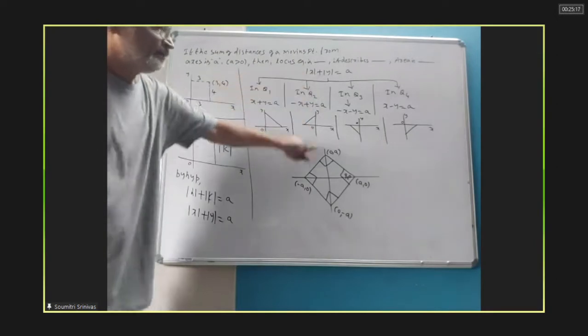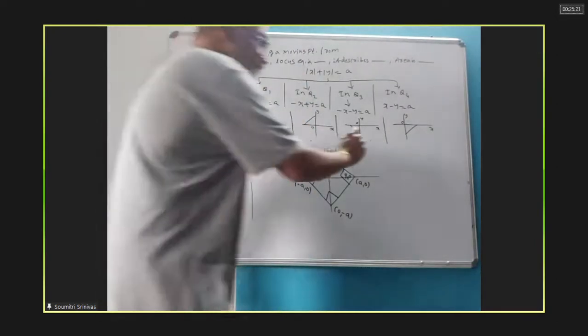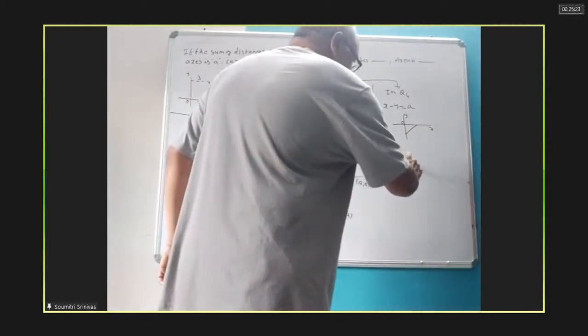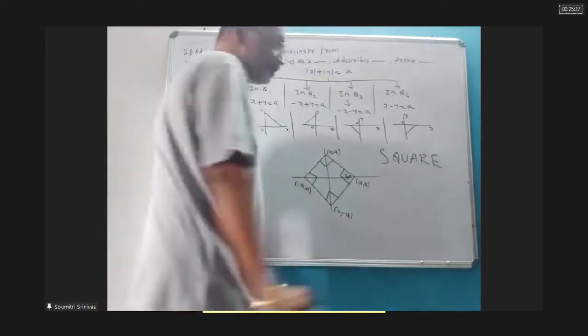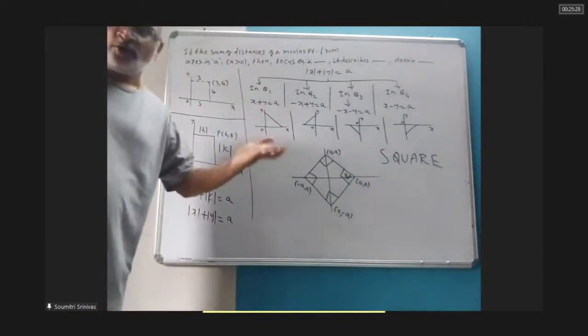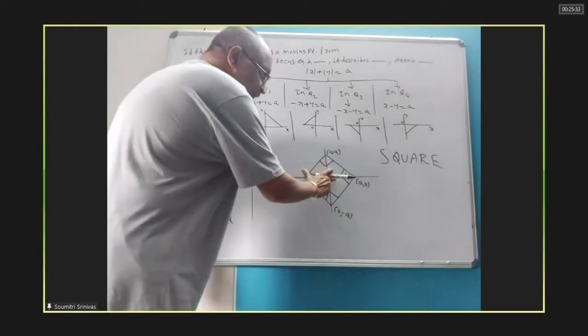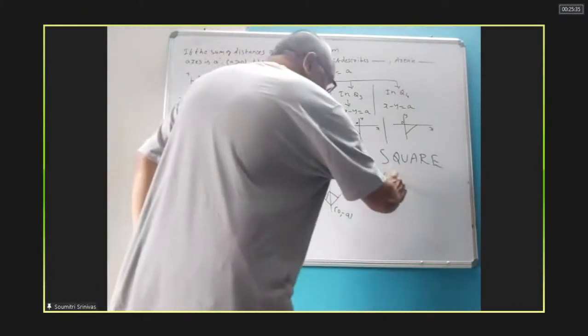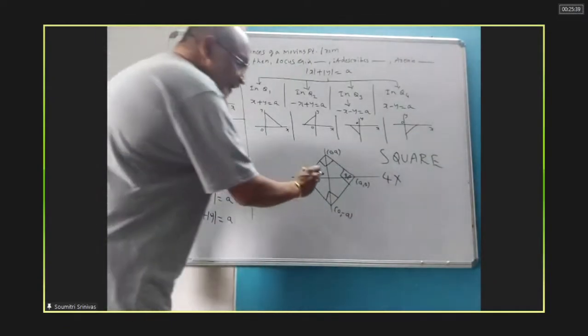Yeah, मिल गया. Second question: what does it describe? Square. How do you get the area? Get this triangle area multiplied by 4. What's the triangle area?